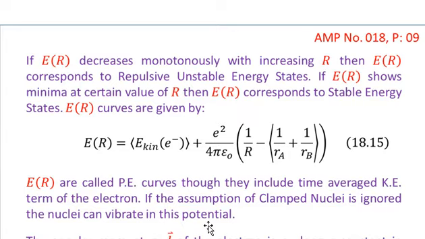Up till now we have assumed clamped nuclei, that is, the nuclei are fixed with a separation capital R between them. But if you ignore this clamped nuclei approximation, then of course the nuclei will vibrate. That is, the two nuclei labeled A and B will vibrate in this potential given by equation number 15.